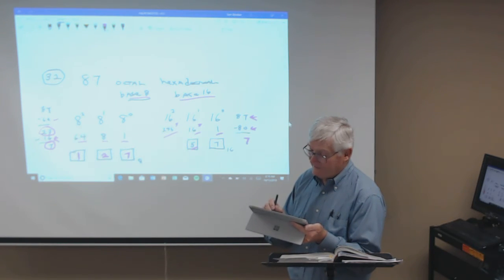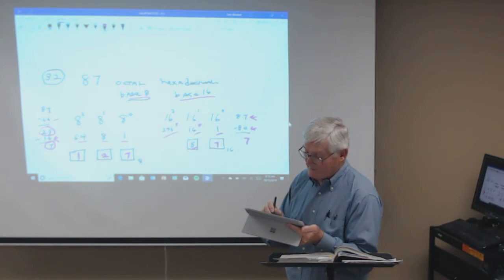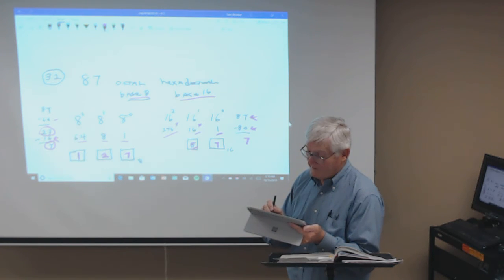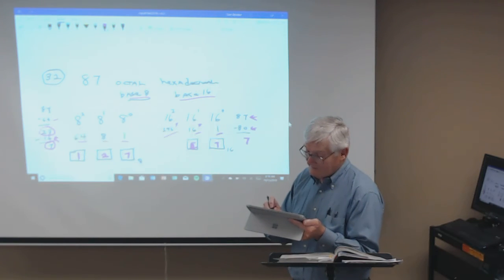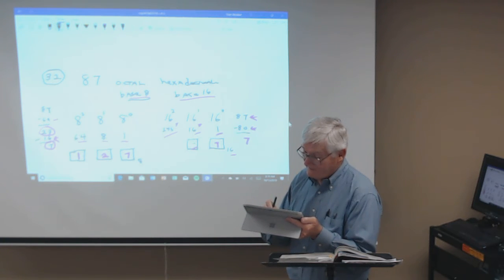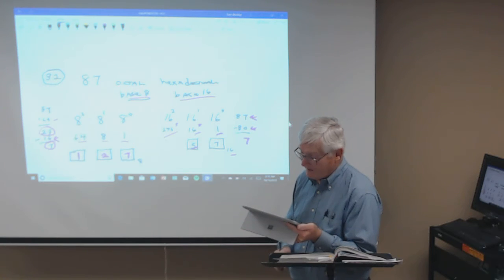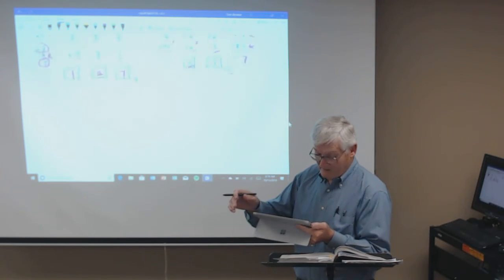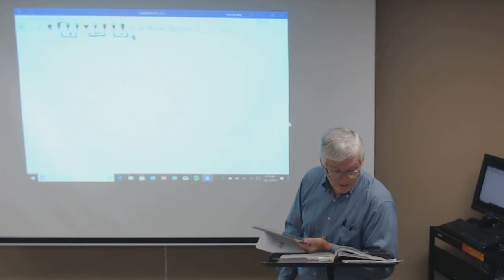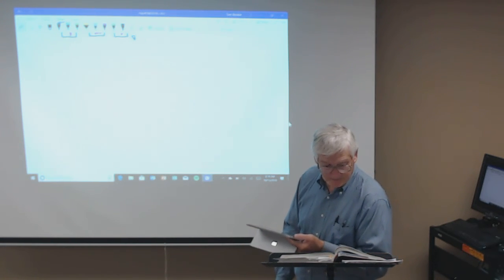So it's just 5, 7 in the base 16. That's hard to read. Let me take that out there and just make it black. 5, 7. Okay. That's it. Stop when you get to 31.